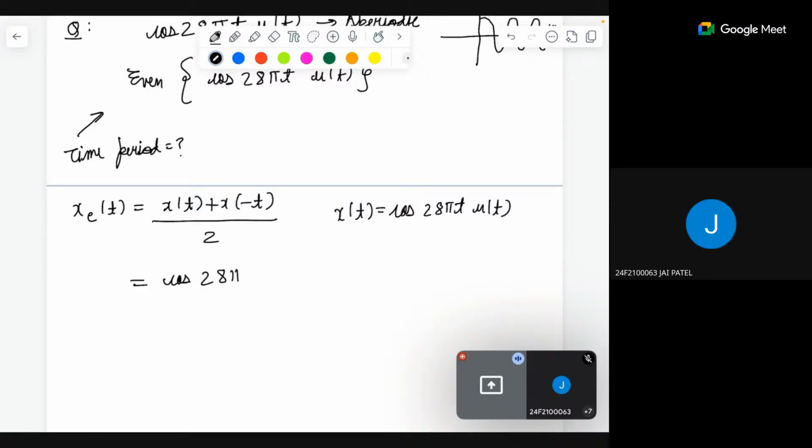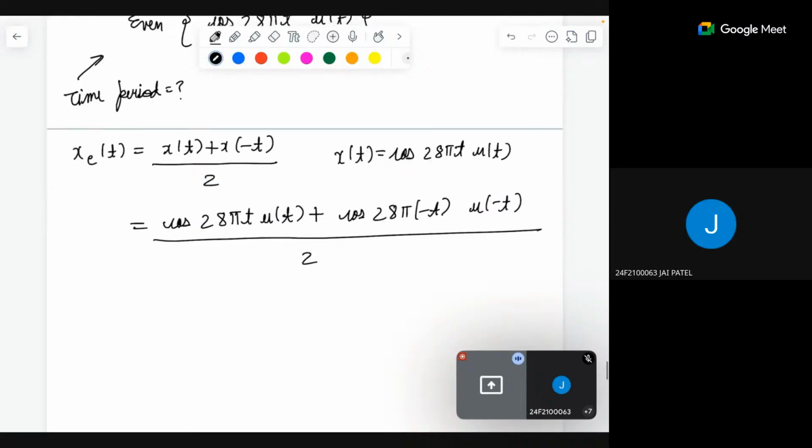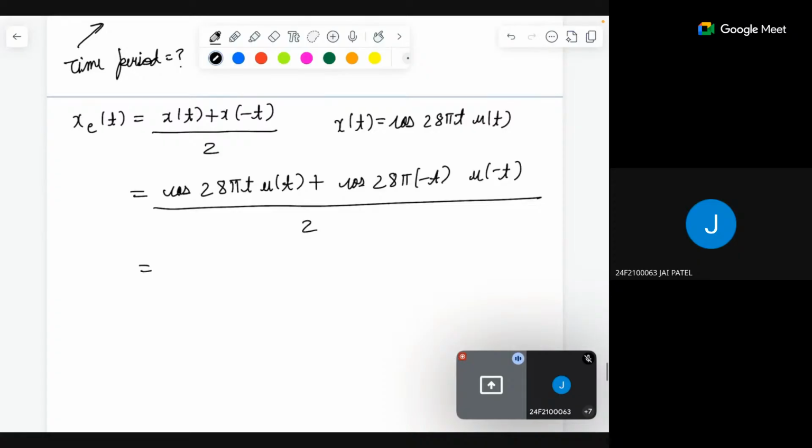x(t) is cos(28 pi t) u(t) plus, when this is time reversed, t is replaced by minus t. Although cos of minus theta is cos theta, I'm still writing it again so that you don't face any confusion. So this is how we will be calculating the even part: cos(28 pi t) u(t) plus cos(28 pi t) u(minus t).